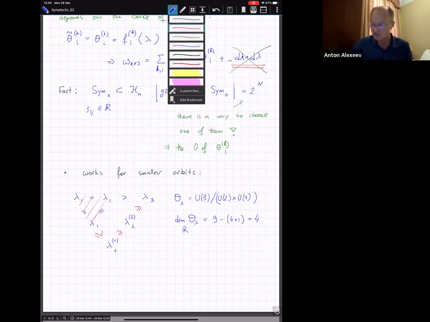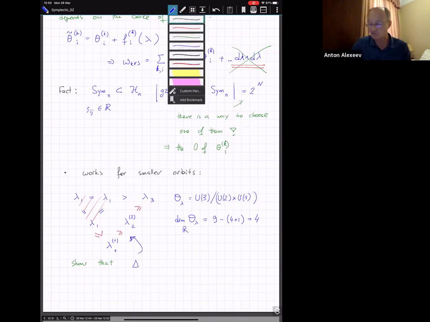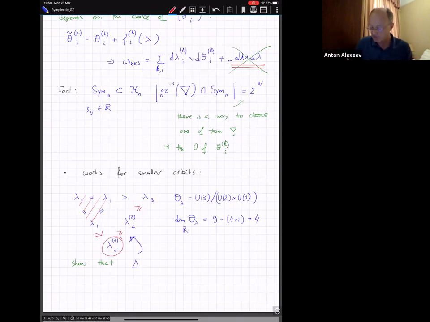So here is an exercise. Show that delta, described by those inequalities, right? You have variables lambda 1, 1 and lambda 2, 2, while lambda 1 and lambda 3 are fixed once and for all. So this describes on the plane some kind of polytope.